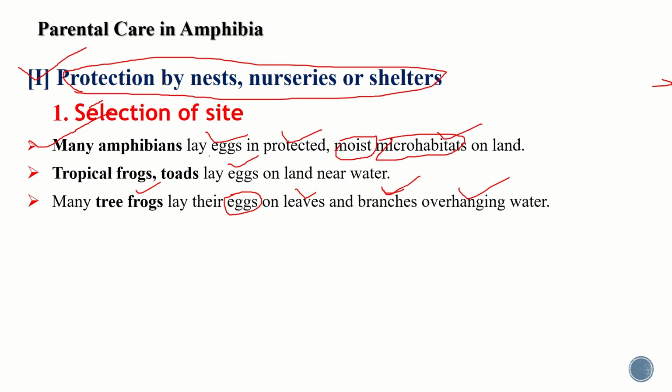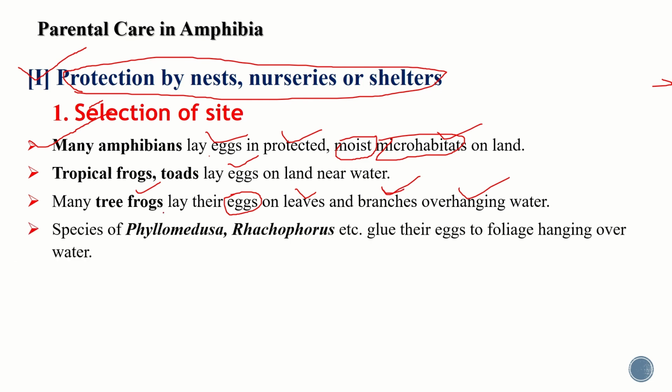Species like Phyllomedusa and Rhacophorus glue their eggs to foliage hanging over the water, and after hatching, the tadpole larvae enter the water.